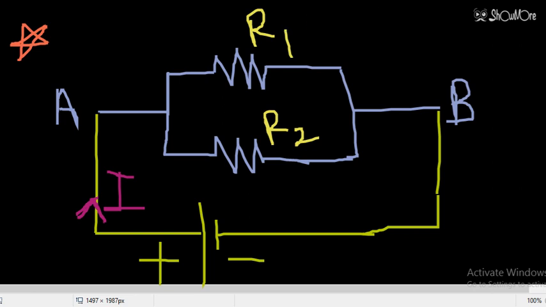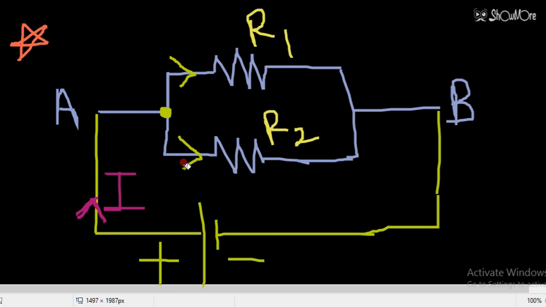Now students, you can see here the wire is divided into two parts. From this point onwards, the current will be divided into two parts. Some current will flow here, some current will flow here. Now you have to note down this point.